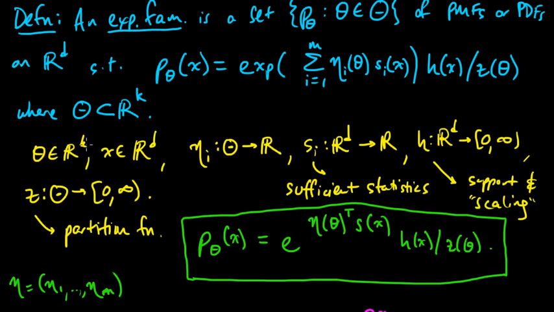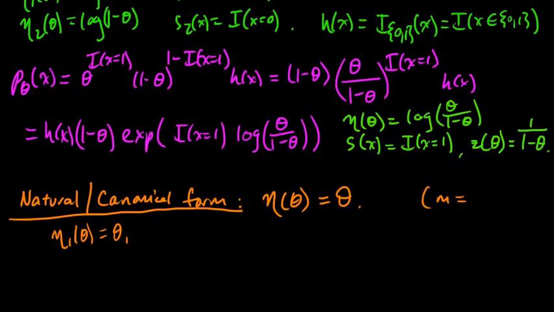So k is the space that theta lives in, whereas there's m different eta functions. So here, in particular, we are assuming m equals k. So eta 1 of theta equals theta 1; these are just like the projections. Eta sub k of theta is theta k.